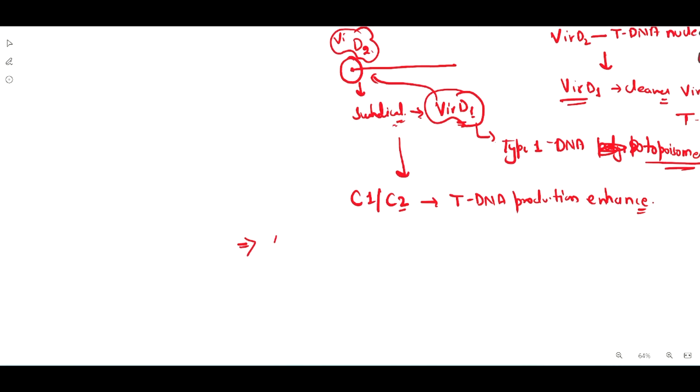And the step is adhesion of bacterial cell with host cell, right? So this one occurs by two types of binding system.